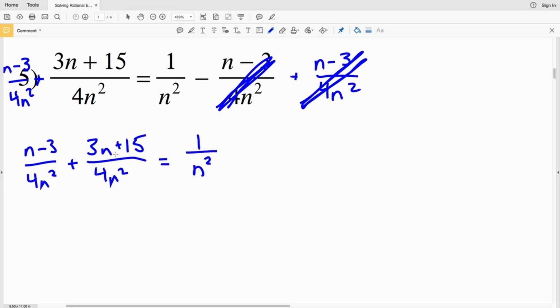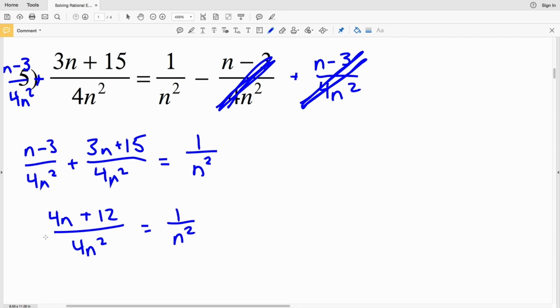Now I can combine the numerator, and I'm going to combine the like terms. So I'm going to combine the n's together, and then I'm going to combine the numbers together. So n plus 3n is going to be 4n. Negative 3 plus 15 is going to be positive 12. So I have 4n plus 12 all over 4n squared, and that's equal to 1 over n squared.